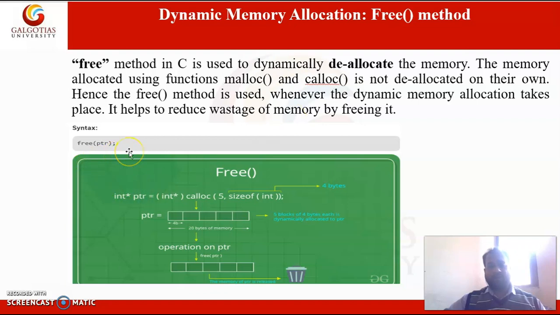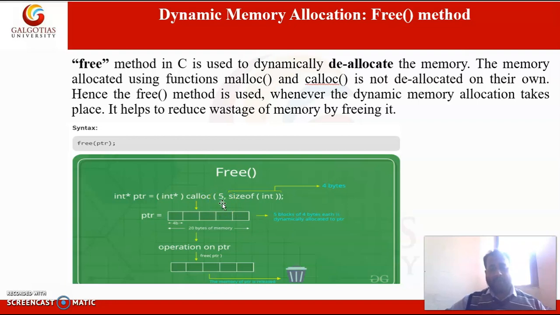The syntax of the free method is very simple. We just pass one parameter, that is the pointer to the allocated space, and it will free the allocated space. Here in this block we can see the use of the free method. We have allocated the memory block using the calloc method.